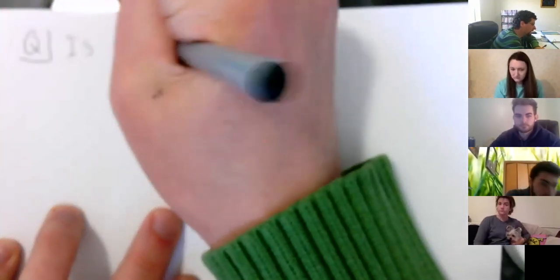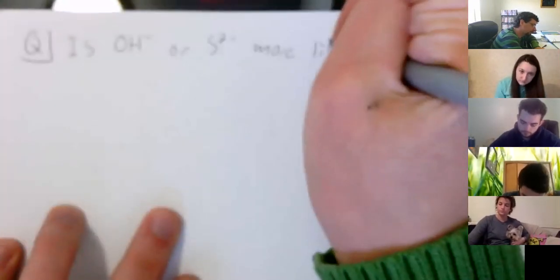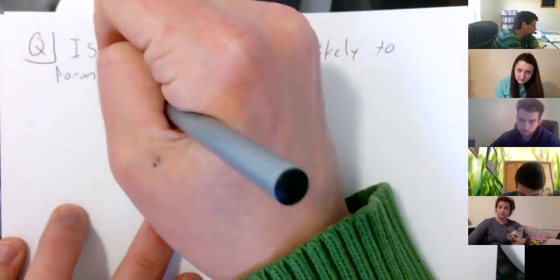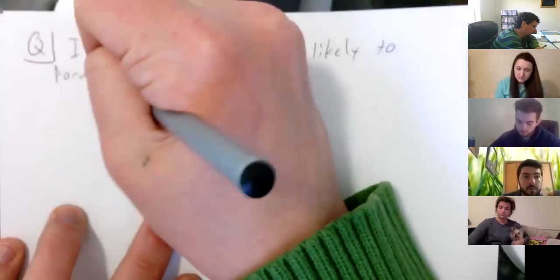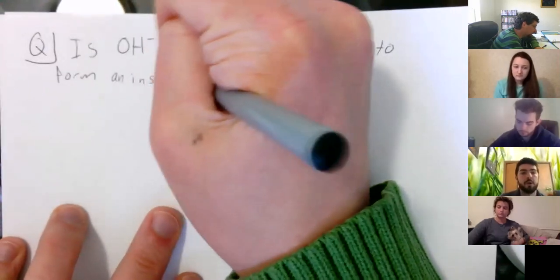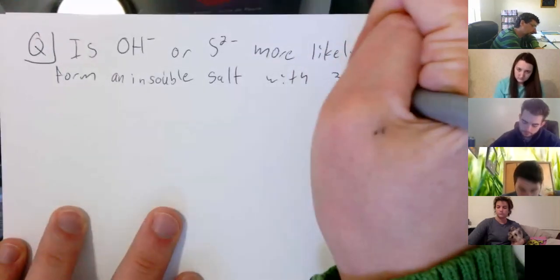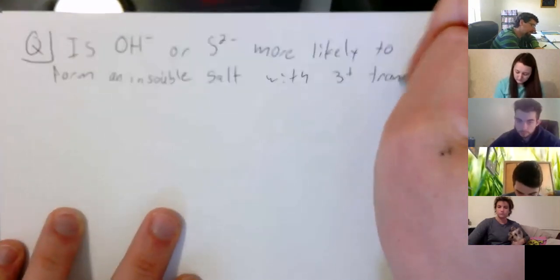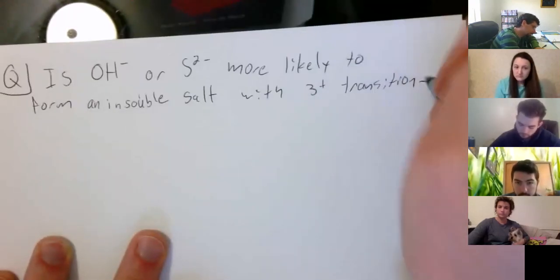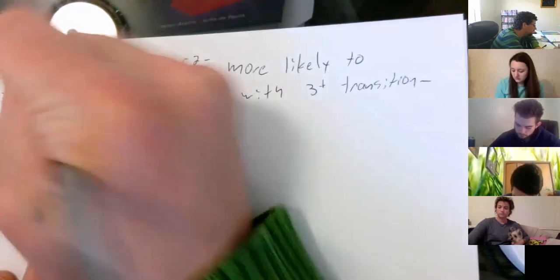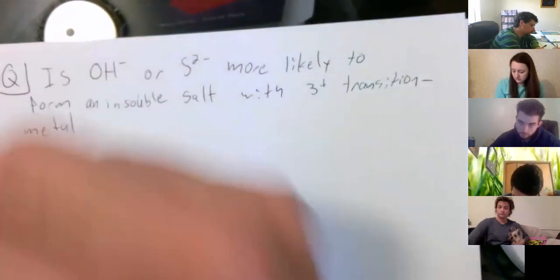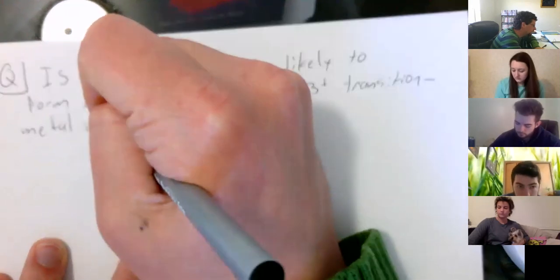Is OH minus or S2 minus more likely to form an insoluble salt with a 3+ transition metal ion?